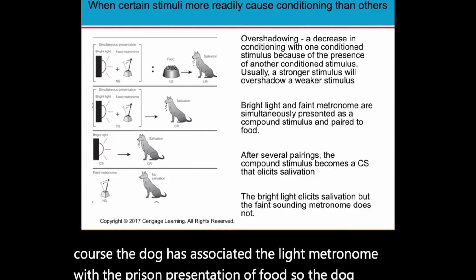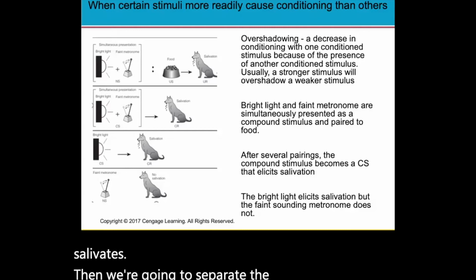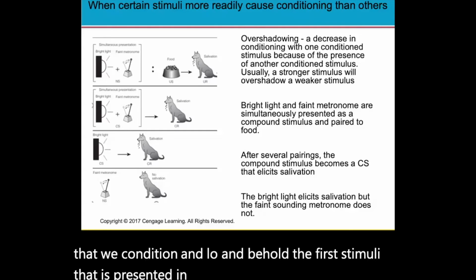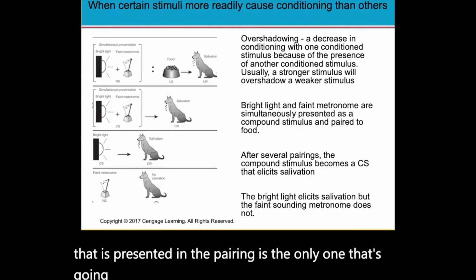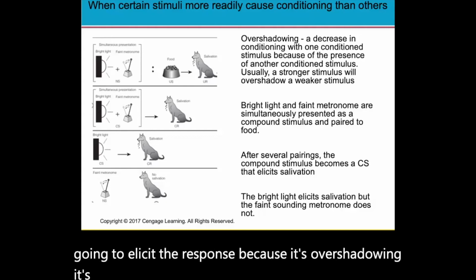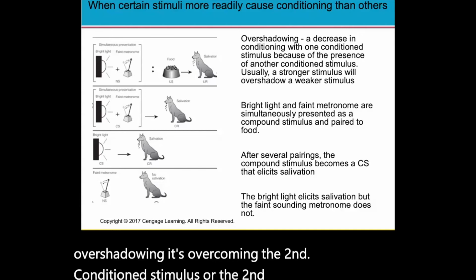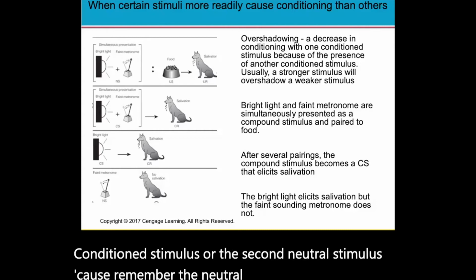Then we're going to separate the two neutral stimuli that we conditioned. And lo and behold, the first stimulus that is presented in the pairing is the only one that's going to elicit the response because it's overshadowing, it's overcoming the second conditioned stimulus, or the second neutral stimulus. Because remember, the neutral stimuli become the conditioned stimuli.